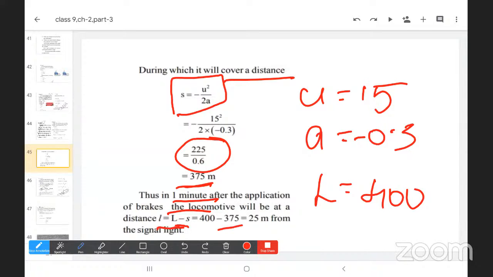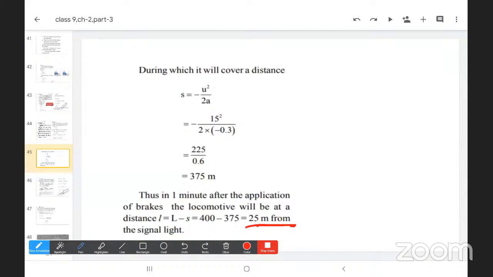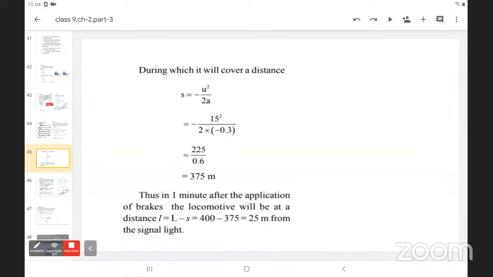So when we minus these two, we get 25 meters. So in 1 minute after the application of brakes, the locomotive will be at a distance of 25 meters from the signal light. Right.